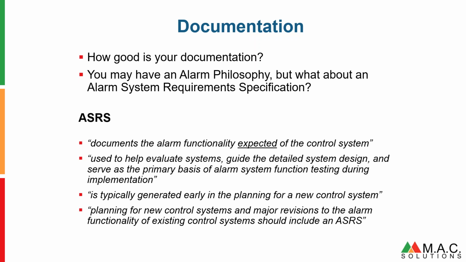What is it you expect it to do? These are the features and functionalities that I require. That's what your ASRS documents. If you don't have that and give it to your vendor, to your third-party integrator, then they will give you the system they think is okay, but not necessarily the system that you want or expect.